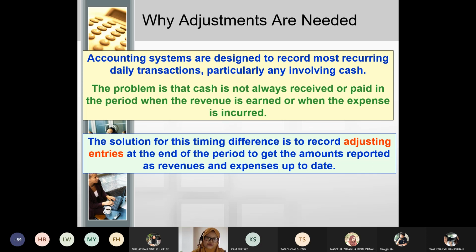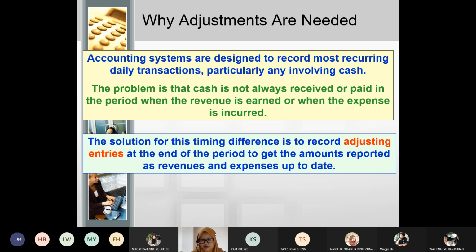Okay, why do we have to do adjustment? Because we have to adjust for the timing difference.